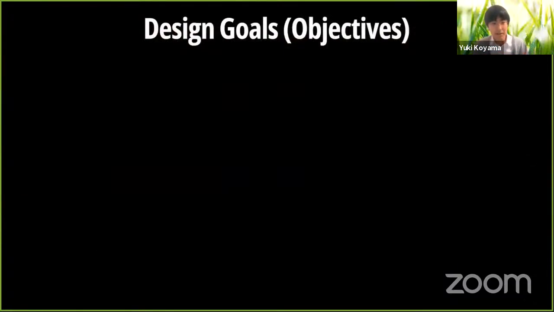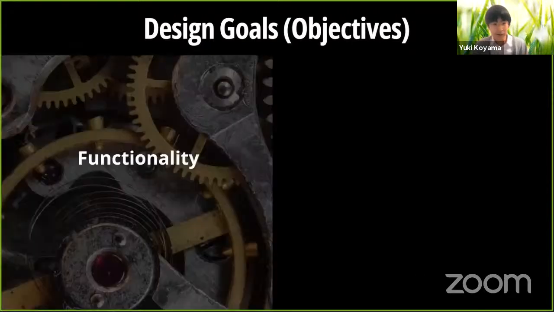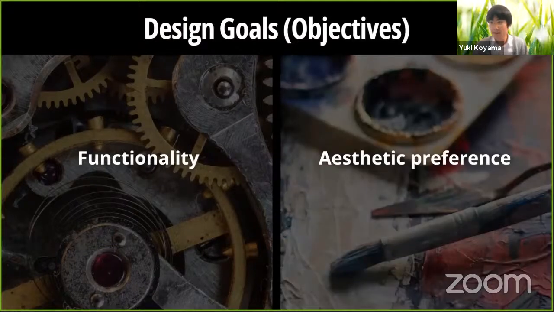However, when considering design goals, functionality is just one aspect of design goals. And another missing piece can be aesthetic preference. And it is natural to include the aesthetic preference as a design goal in practical scenarios.